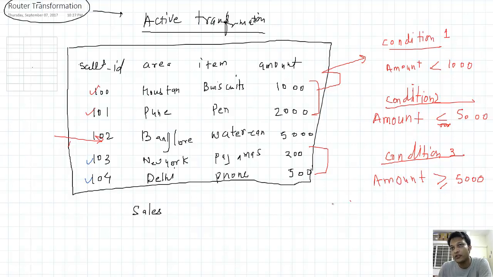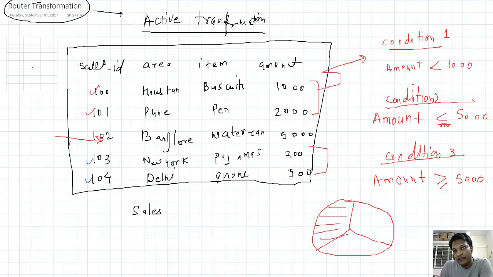But the problem with this is, have we covered the full portion of our pie chart? No. Let's suppose our pie chart is divided into these three areas. So from condition 1, we are successfully selecting this area. From condition 2, we are successfully selecting this area, but we are also selecting this area.